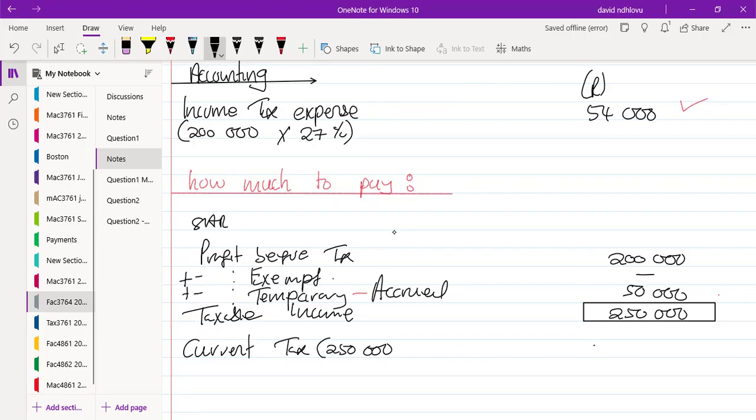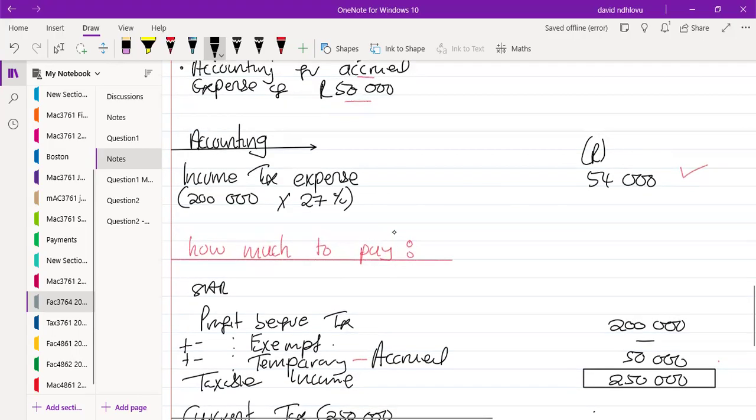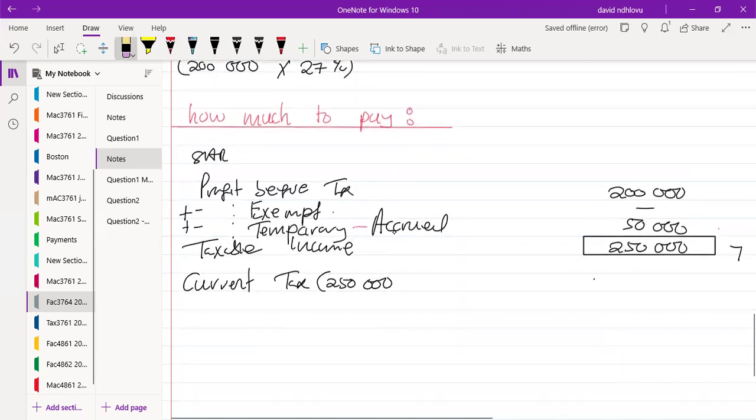If we are dealing with exempt differences, if those were income and were included here, but are not supposed to be included for tax purposes, we need to reverse them. If they are expenses, we would have deducted them here for accounting purposes, but when it comes to taxation, we reverse them by adding.